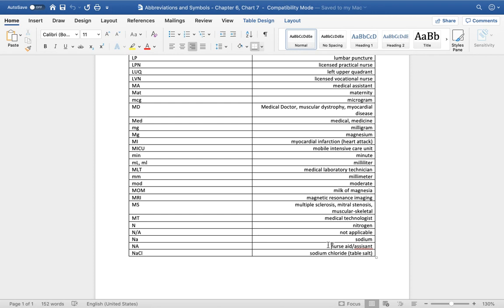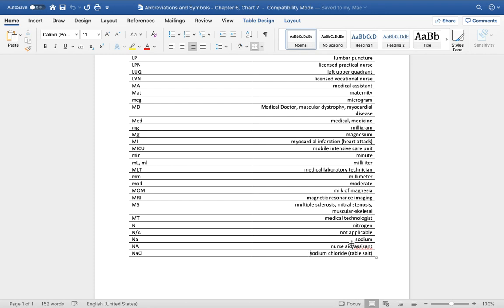That has to come from a specially trained CNA, which has a certificate in medication administration, or it has to come from an LPN or LVN or an RN or a physician, something like that.